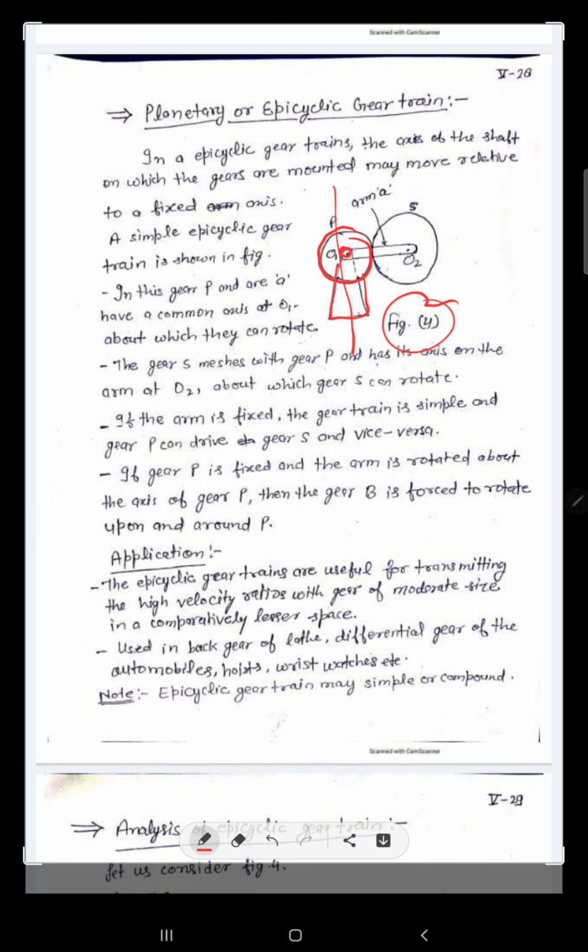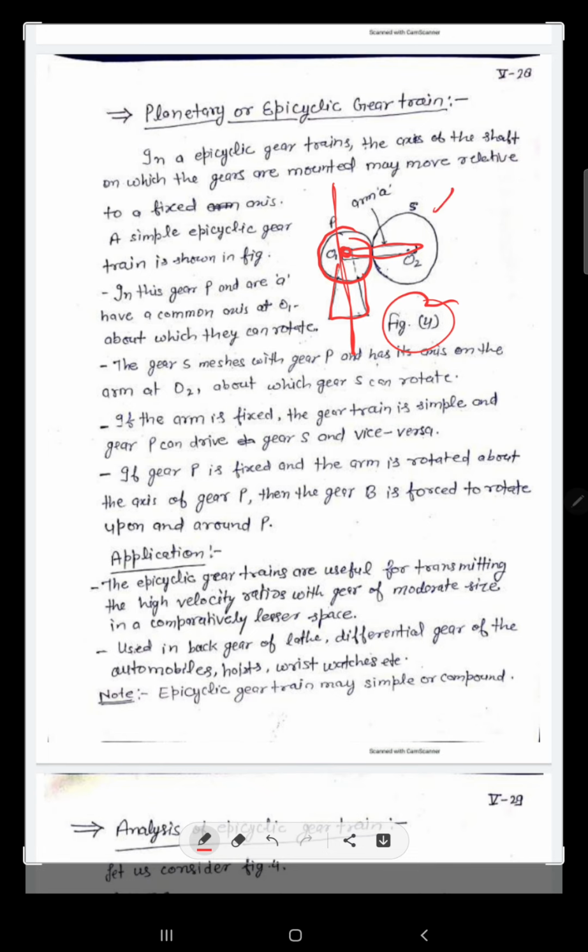These are rotating around the common axis.